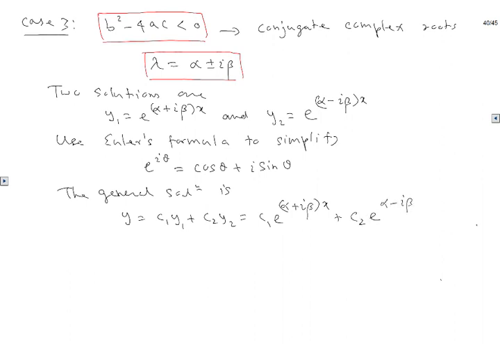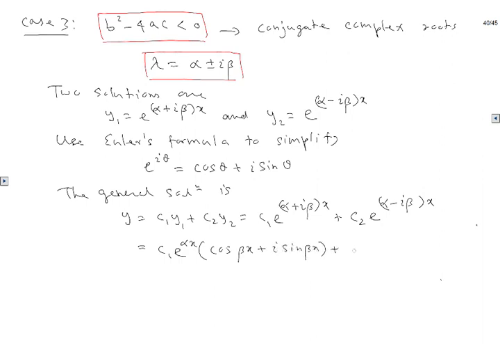i beta x. Now what we can do, we can take e to the alpha x out. So if you do that, you can write this one as c1 e to the alpha x, and then e to the i beta x, you can use Euler's formula to simplify. That means you can write this one as cosine beta x plus i sine beta x.